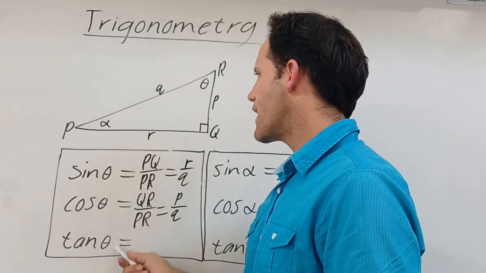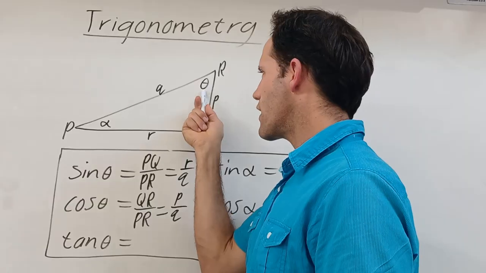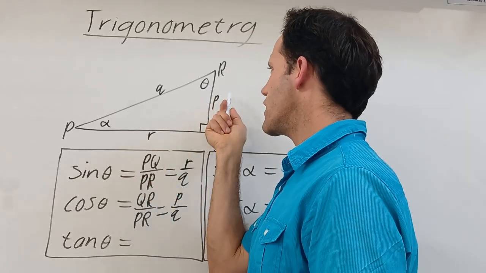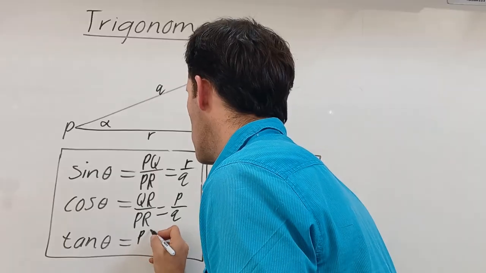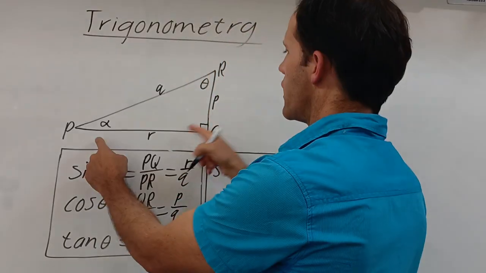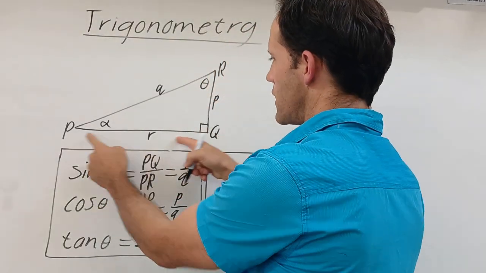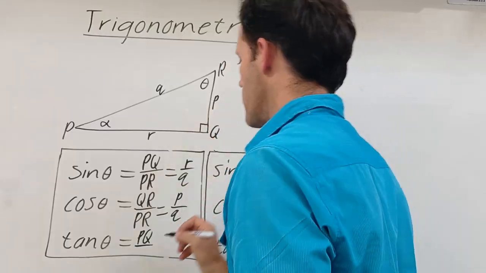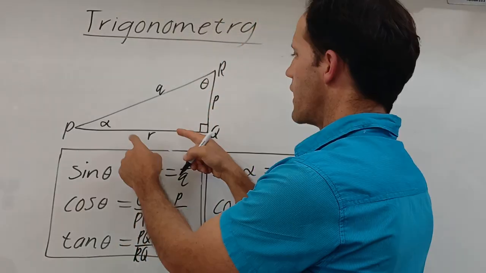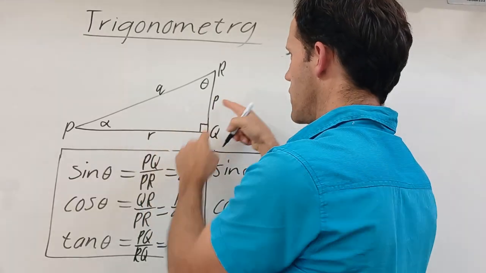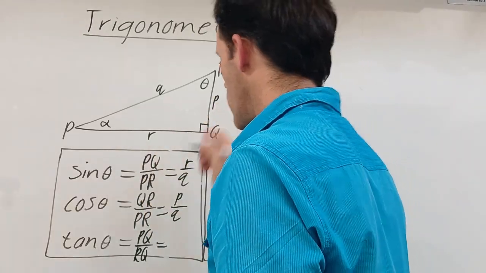And then the last one, tan theta, from theta, is opposite over adjacent. So opposite, PQ, over adjacent, RQ, which you can also write as r over p, opposite over adjacent, r over p.